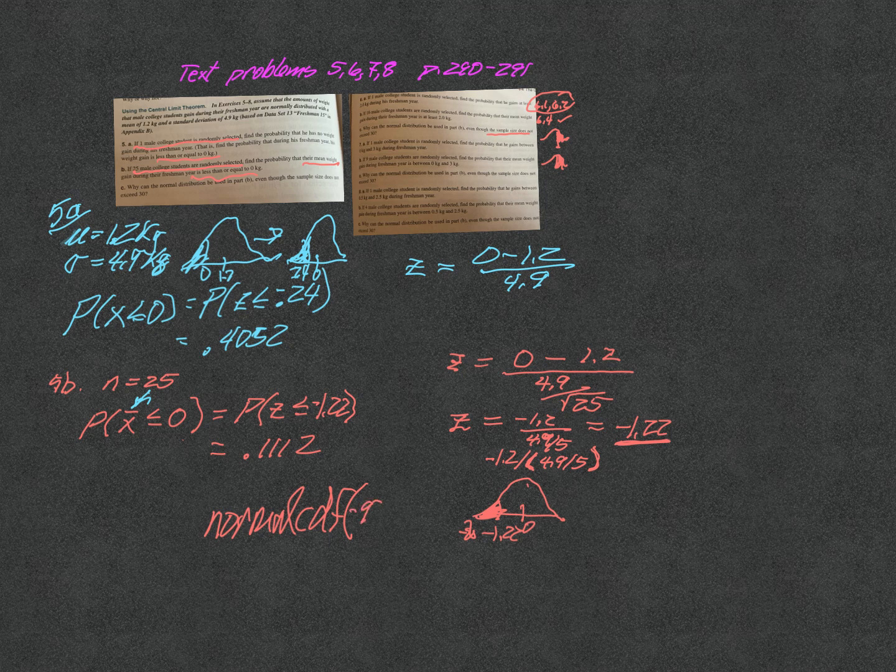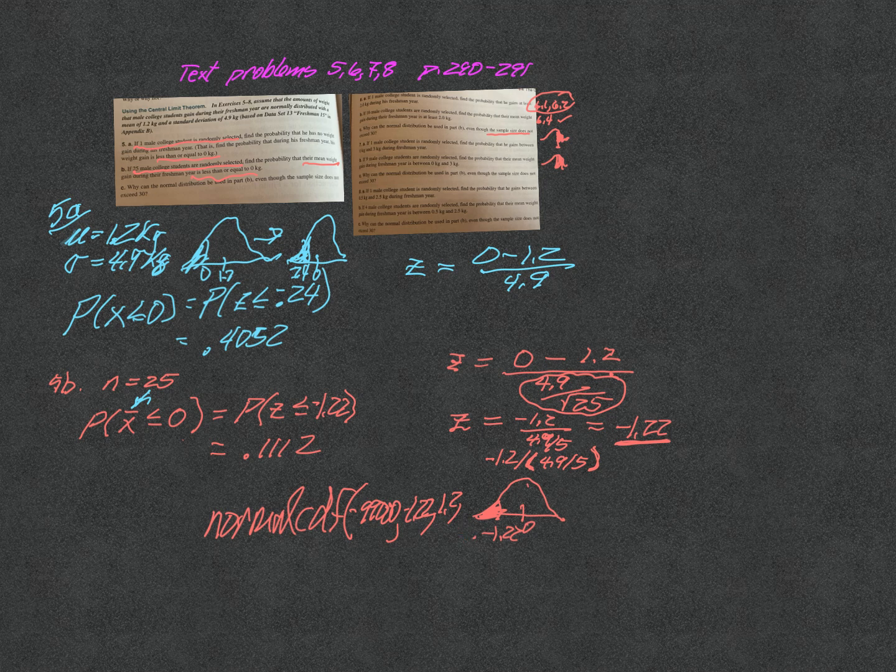So this is our negative 99,000, negative 1.22. The mean is still 1.2, and the standard deviation is the standard error. Now, I can calculate this, or I can just let the calculator do it.